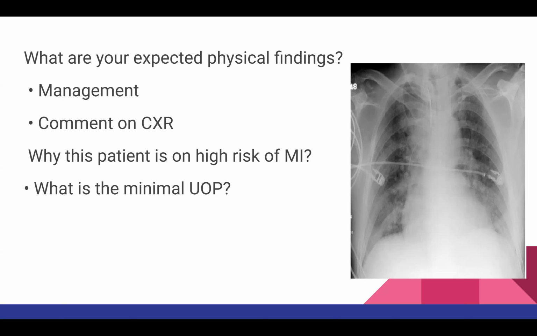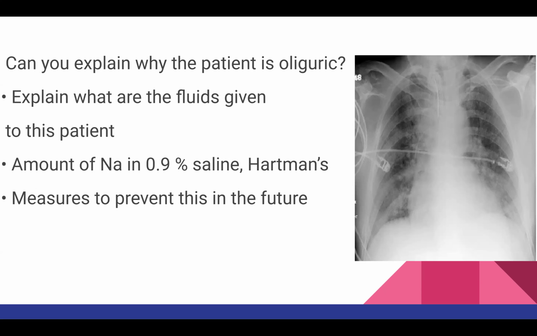Okay, so what is the minimal level of urine output that should be present in a 70 kg healthy male? 0.5 ml per kg per hour. Okay. So can you explain why this patient has developed oliguria? The patient is a post-operative patient.